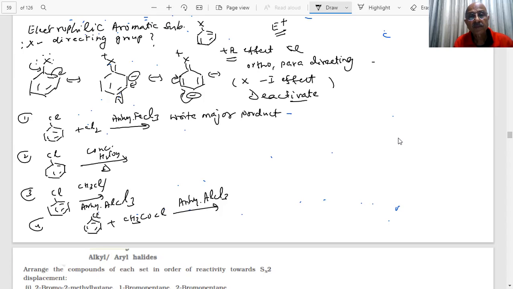Sir, in first case, Cl will be attached at para position once, and then ortho position. Para one will be major. They have asked only one, so we should mention only major product. Only one product to be listed, because write the major product, give only the major product, students. What is happening in the second case, students?